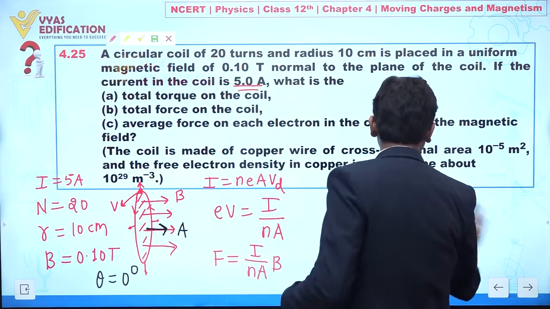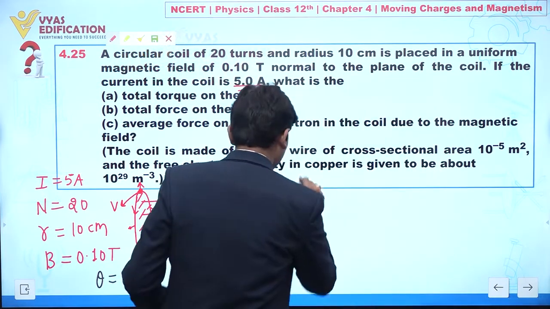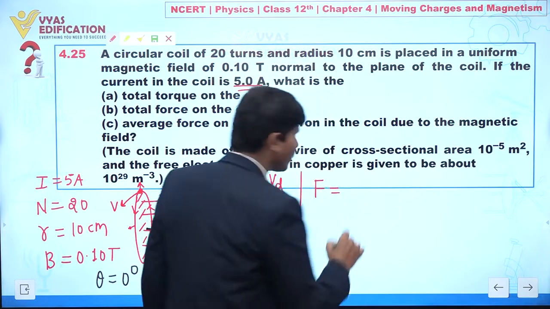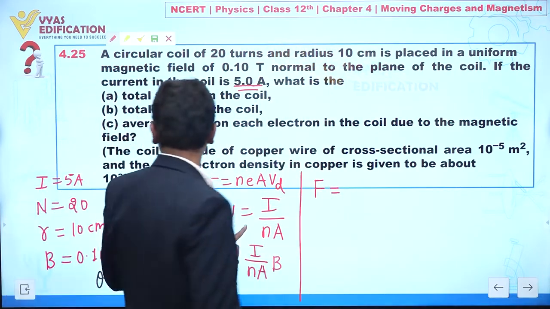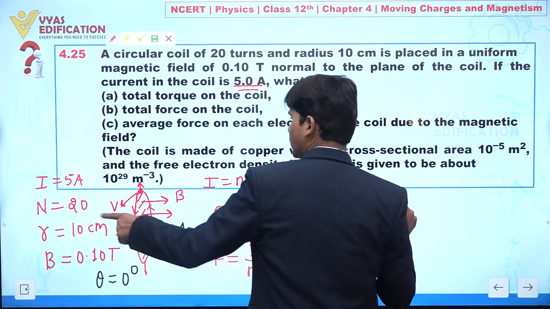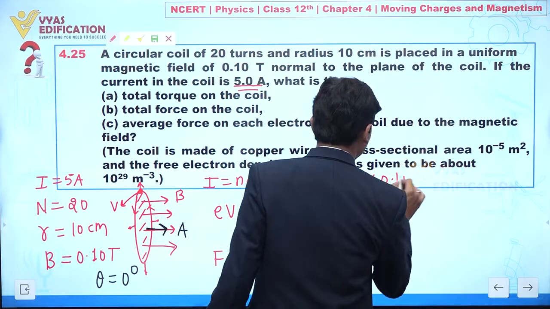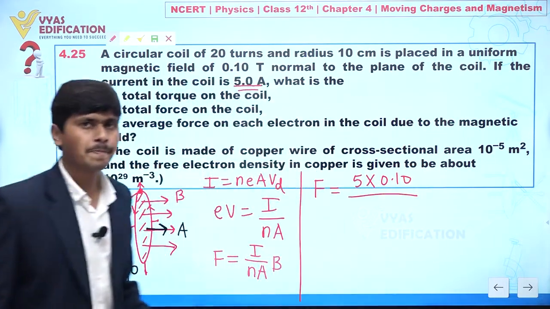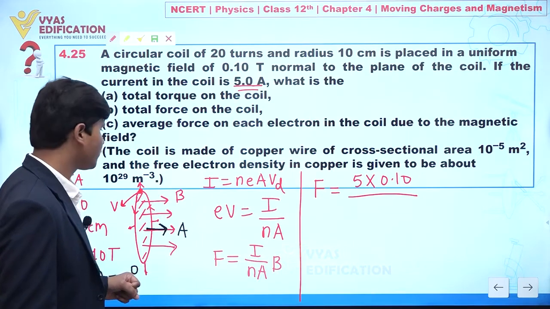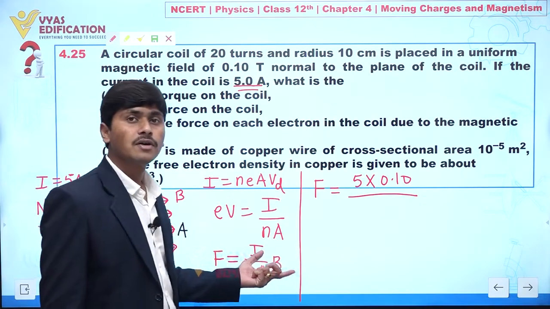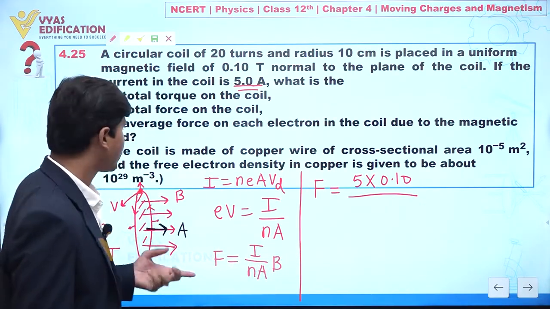Now if we put all the values, the value of current I is given 5 ampere, the value of B is given 0.10, and divided by small n, the number of electrons per unit volume.